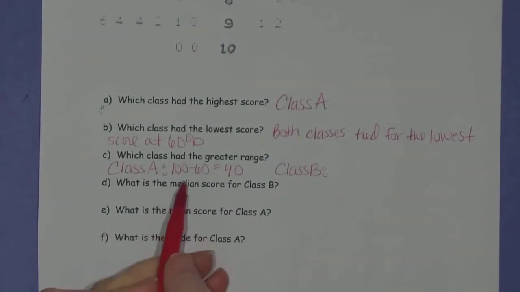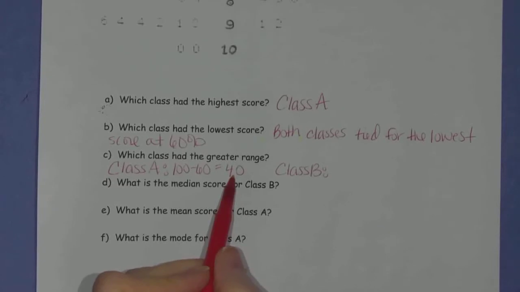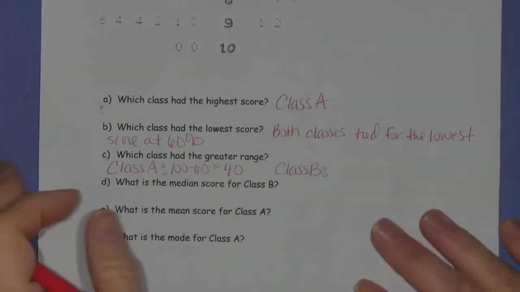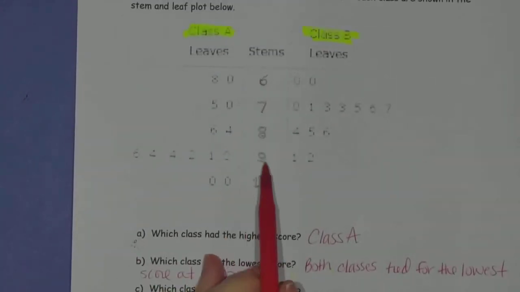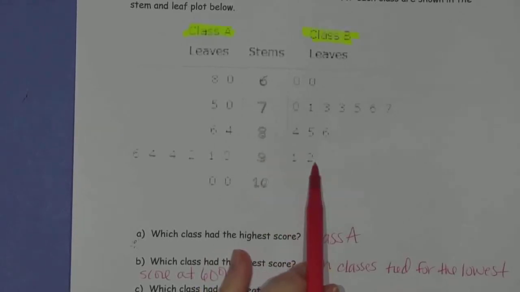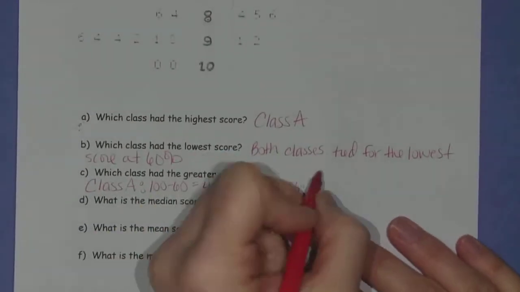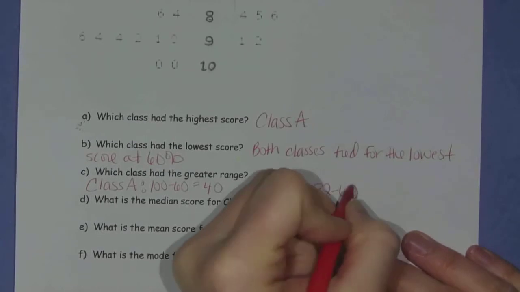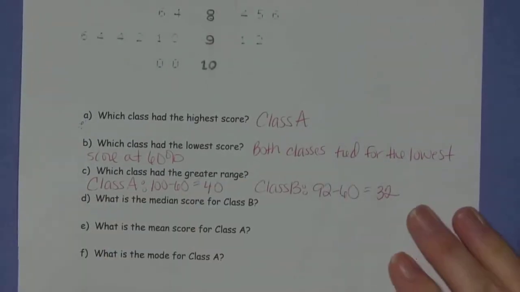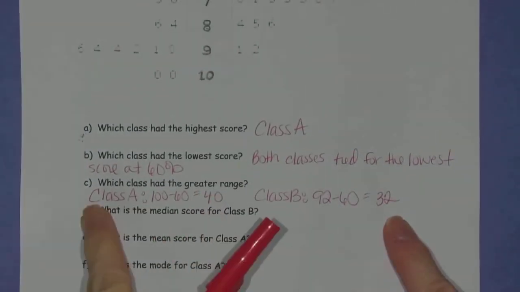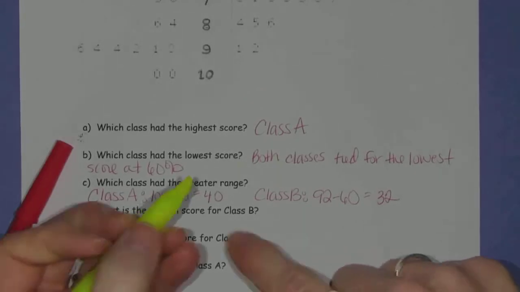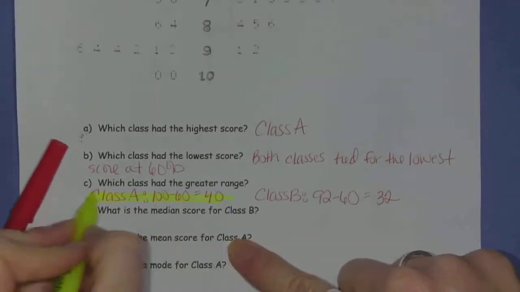That's a big difference between the highest and the lowest scores. Class B, here the highest is 92 and the lowest is 60. So 92 minus 60, 32. So who's got the greater range? Class A. I'll just highlight that as our answer.